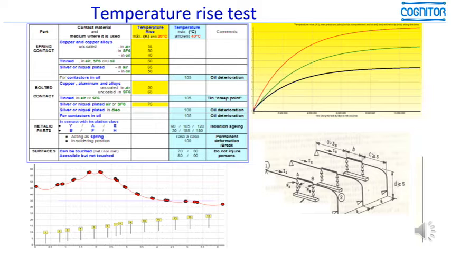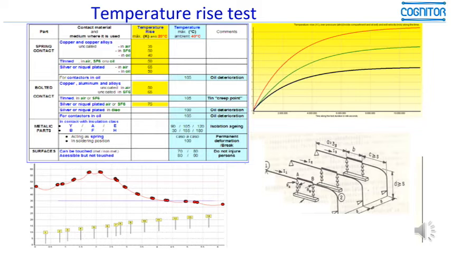The values obtained at the temperature stabilization should be lower than certain values that are very clearly specified in the IEC high voltage equipment standard, and these values shall not be overpassed.